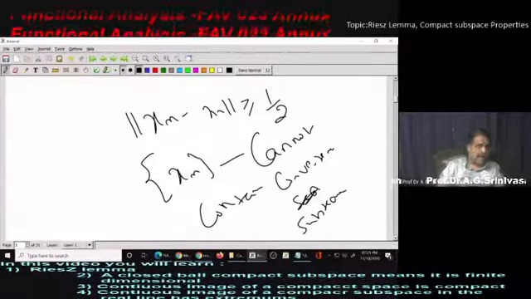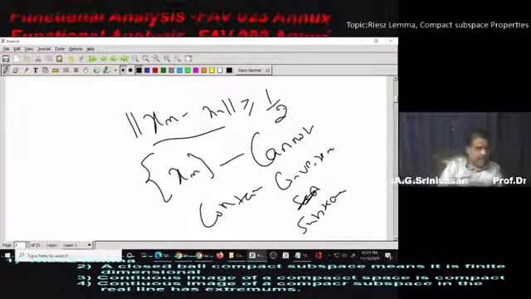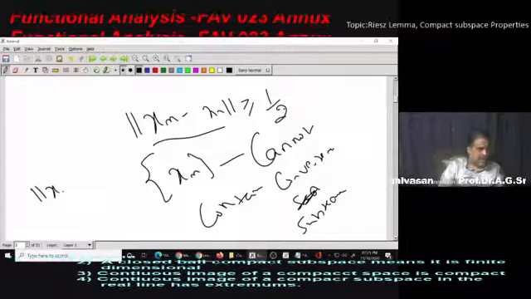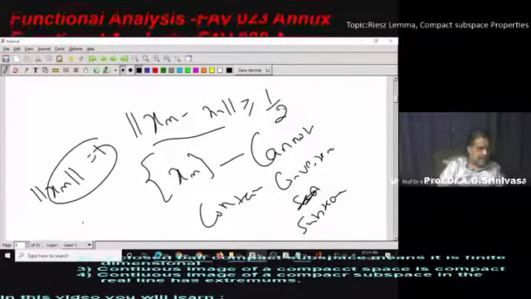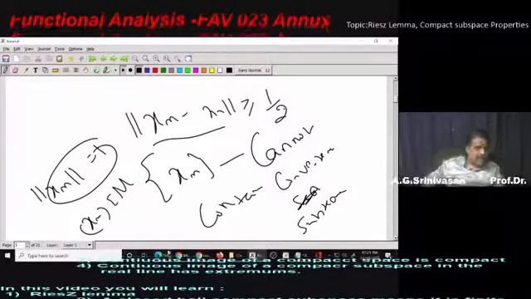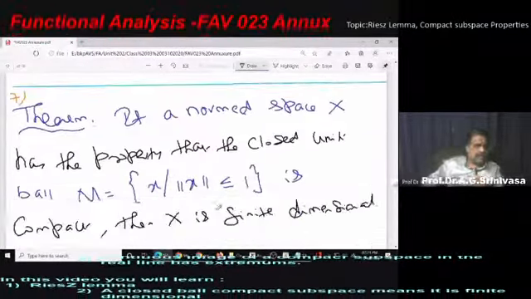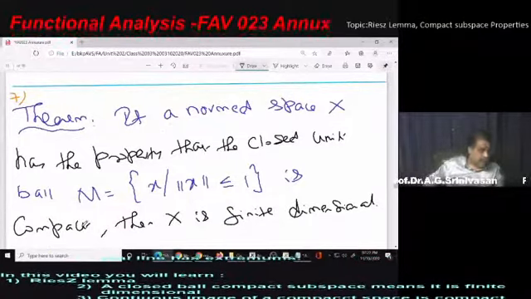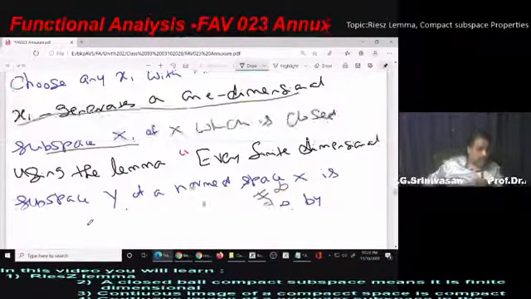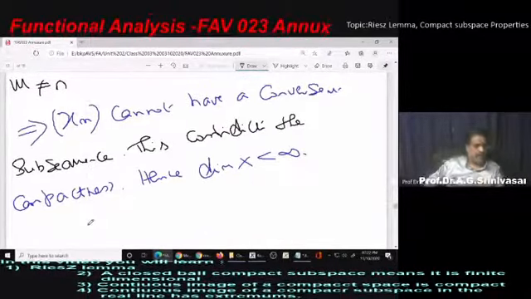Now, this is because it is always greater than or equal to half for every m, n. And what is the property of xm? The norm of xm is equal to 1. It means that this xm is also a member of M. And what is M? M is basically all those x with norm x less than or equal to 1. But we assumed that M is compact. Now we found a sequence which does not have a convergent subsequence.